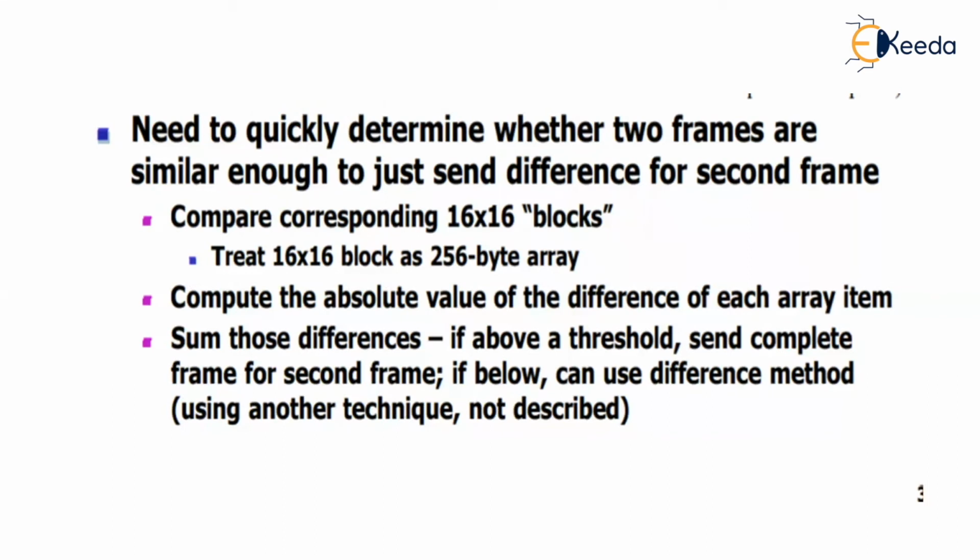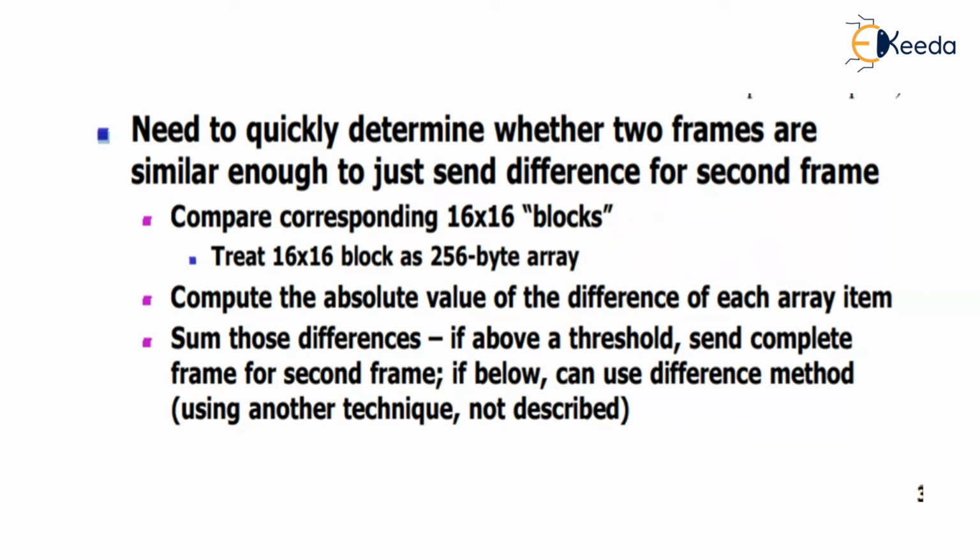In such cases, if not only a ball but the entire background, everything has changed, and I find the difference across all of it, it will again take a lot of time. So I will have a threshold. If the sum of those differences is above the threshold, I can completely send the data, or else I have to use a difference method, which is another technique that I am not describing here.